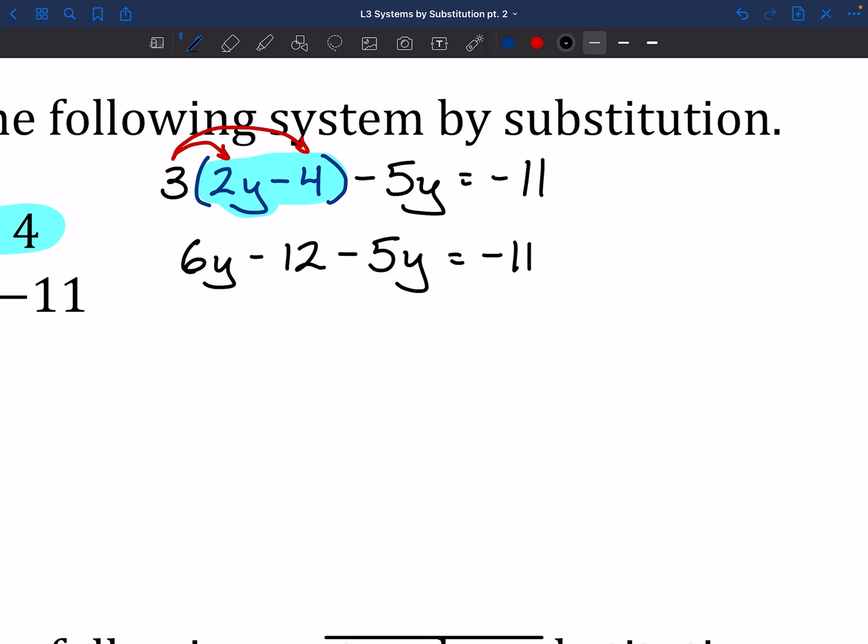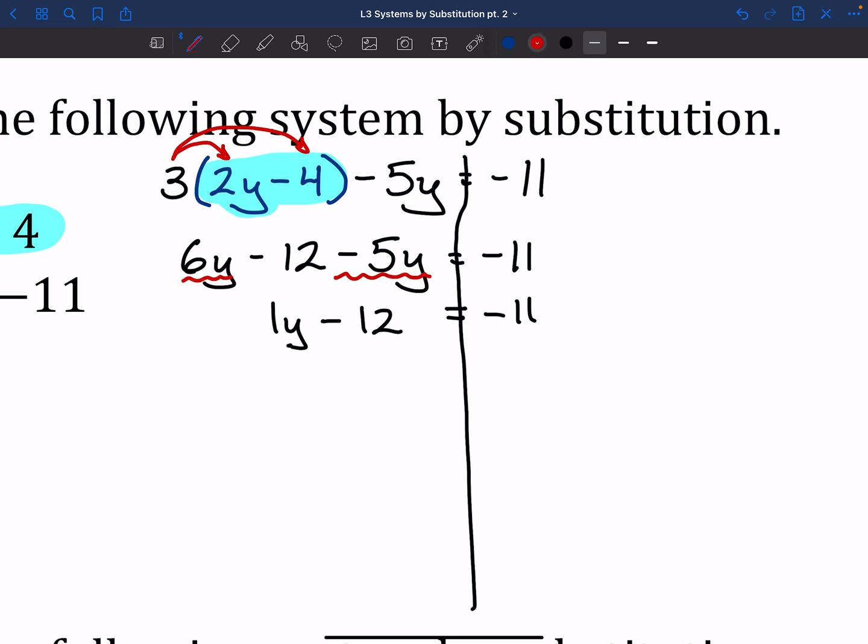Now we're just simplifying. I've got these two like terms over here: 6y minus 5y. If I had 6 and I took away 5, I'm left with 1y, still with that minus 12, and it still equals negative 11.